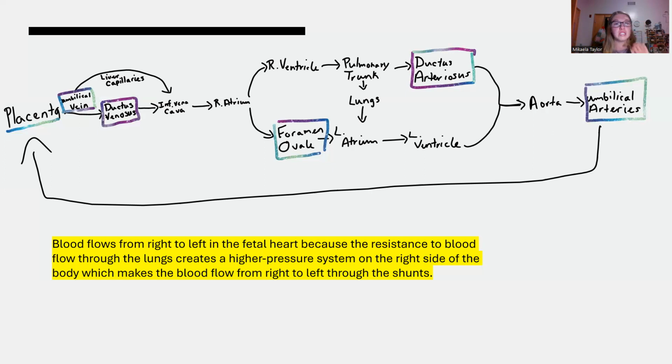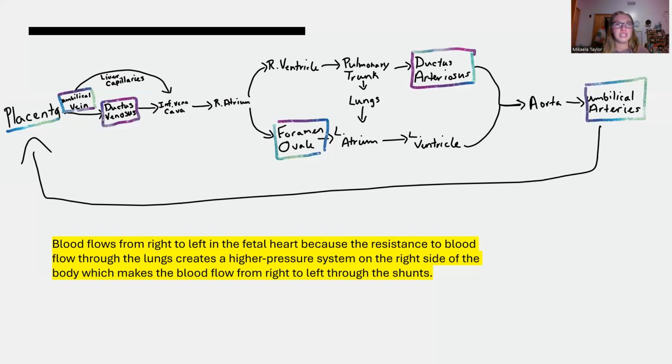And then from there it splits. Some goes through the right atrium, through the foramen ovale into the left atrium, and then that works as somewhat of a pump to the left ventricle and then eventually out to the aorta through that system.